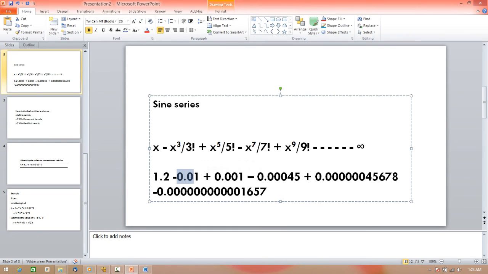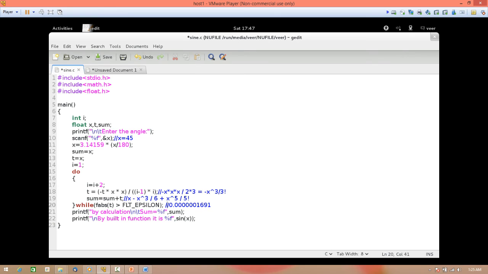So how long are we going to compute the terms? We compute the terms till the term is greater than FLT underscore epsilon. The moment it is smaller than this value, we stop.